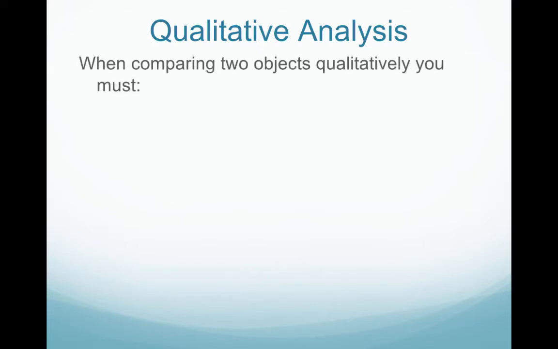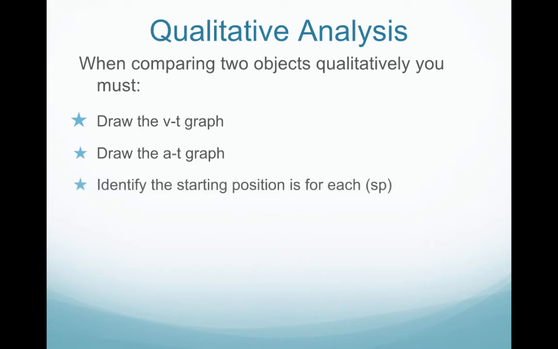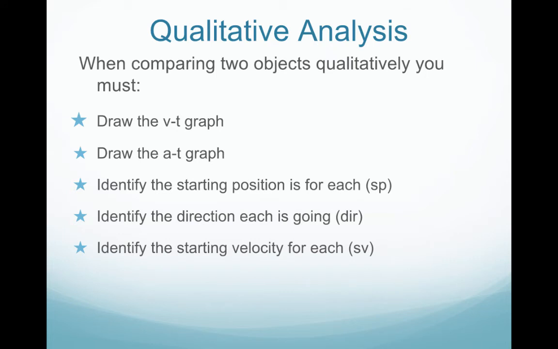Remember that when you're comparing 2 objects qualitatively, you must draw the VT graph, draw an AT graph, identify the starting position, that will be SP, identify the direction it is going, DIR, identify the starting velocity, SV, and identify what each object is doing, DO.